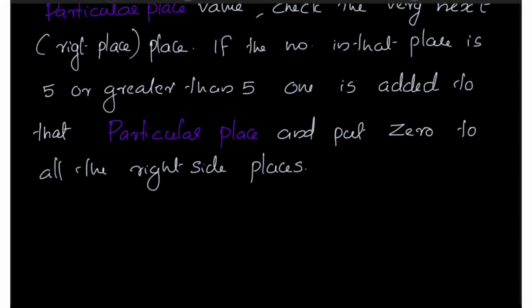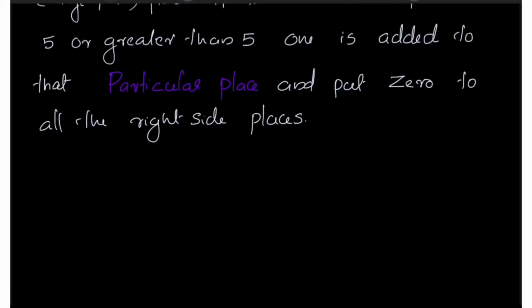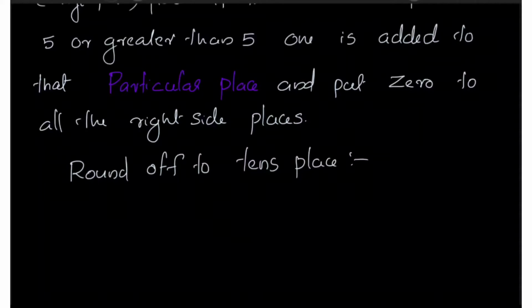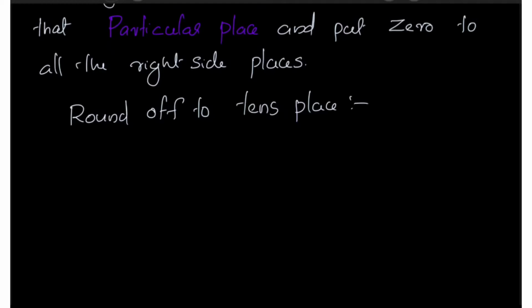So first is to round off to 10. Round off to tens place. That is the first question and it is very simple.